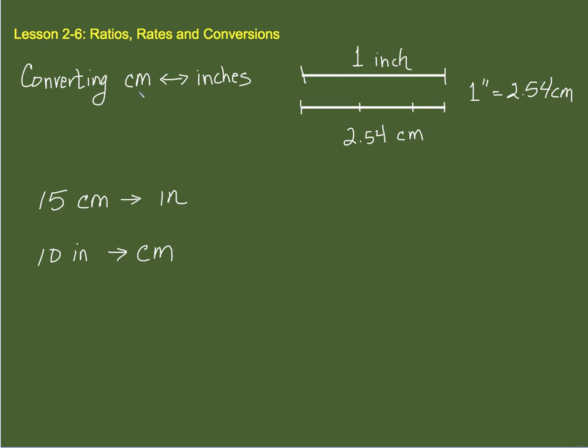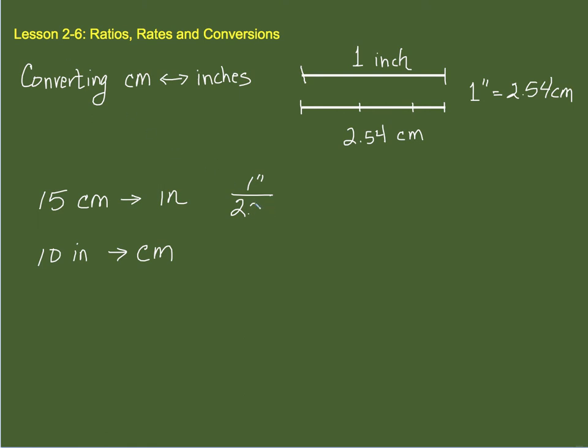Next, let's look at converting centimeters to inches. Now, if we want to convert 15 centimeters to inches, we look at the conversion. 1 inch equals 2.54 centimeters. To convert centimeters to inches, we need to know how many inches there are in each centimeter. Well, there is 1 inch in each 2.54 centimeters.